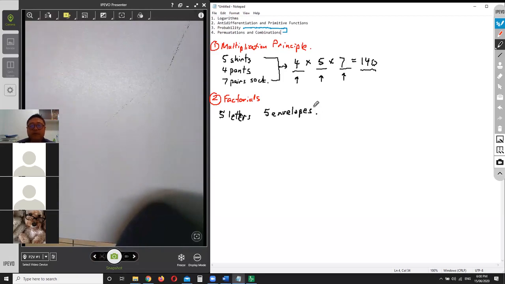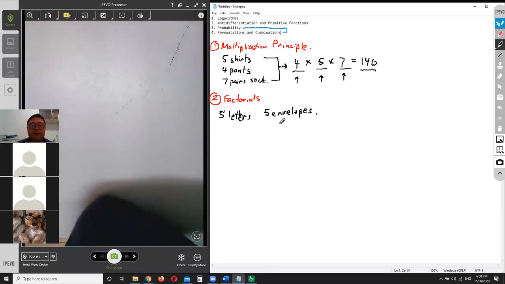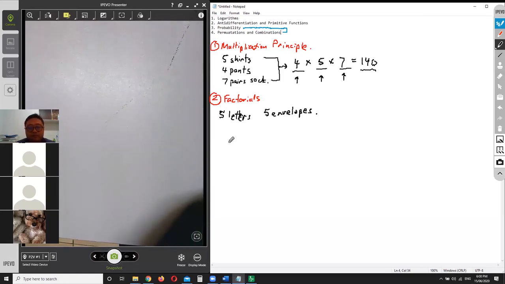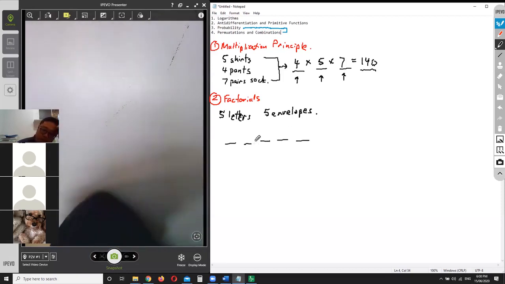How many ways can you put 5 letters in 5 envelopes? 25? Not 25, no. 5 factorial. So this is envelope 1, envelope 2, envelope 3, envelope 4, and envelope 5. 120. Yep.